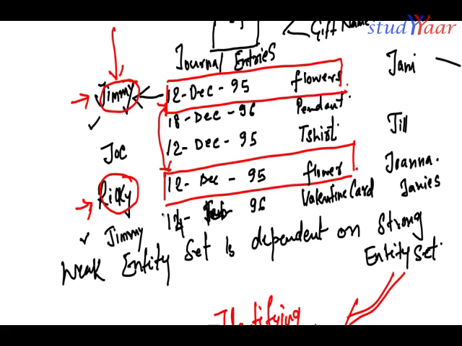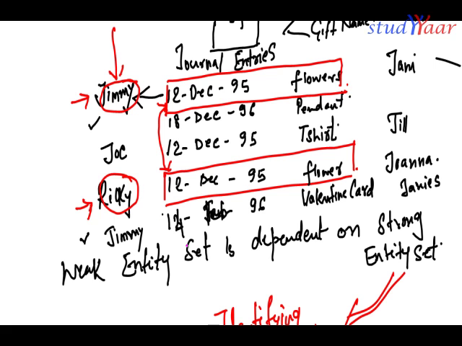Between the same entity, the attribute that identifies an entity in the weak set is called a discriminator.